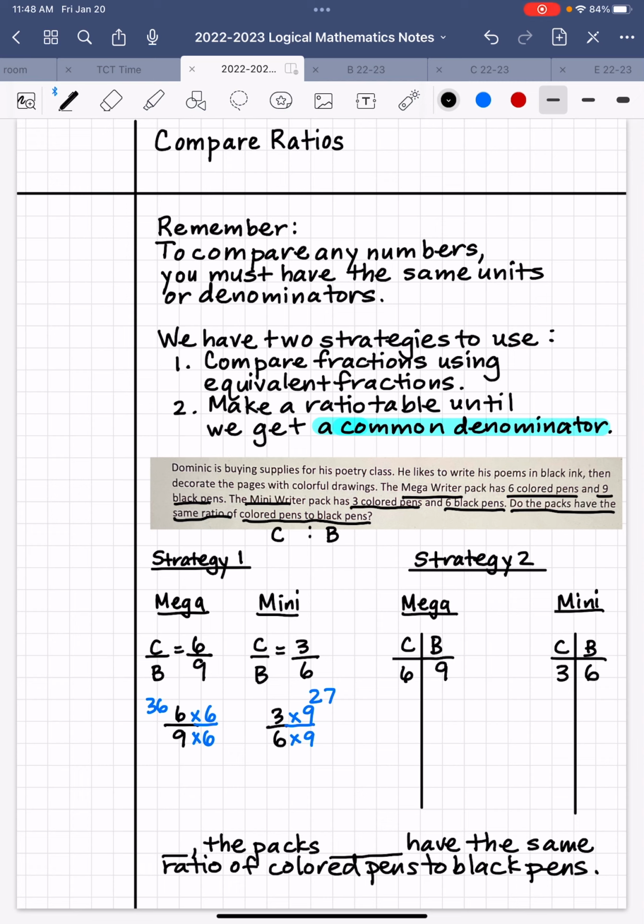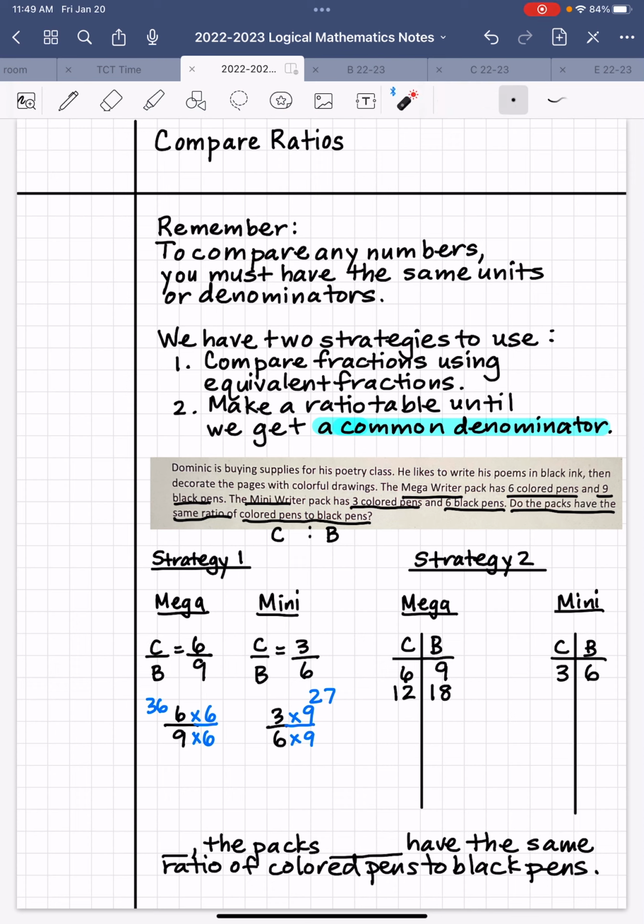So what does this mean? It means for every 6 colored pens, there are 9 black pens. So another 6 colored pens would be a total of how many? 12. Means there's another 9 black pens, which means we have a total of what? 18. If you notice, we multiplied both the 6 and the 9 by 2. That's how you make equivalent ratios.